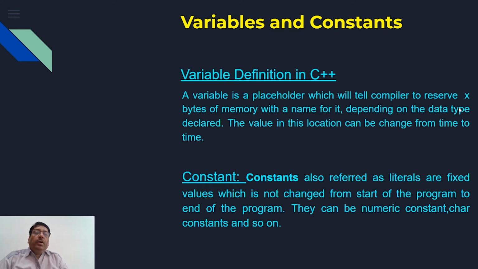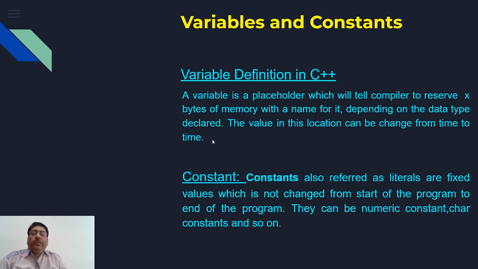Depending on the data type that is declared, the value in this location can change from time to time. The value that you put in this particular location, you can change again and again within your program. So if the value is going to change from the start of the program to the end of the program, then you can call it a variable.